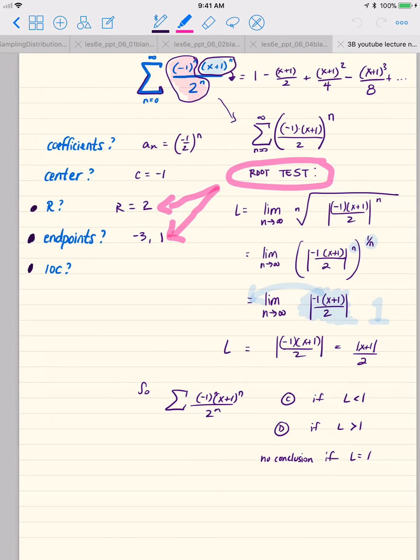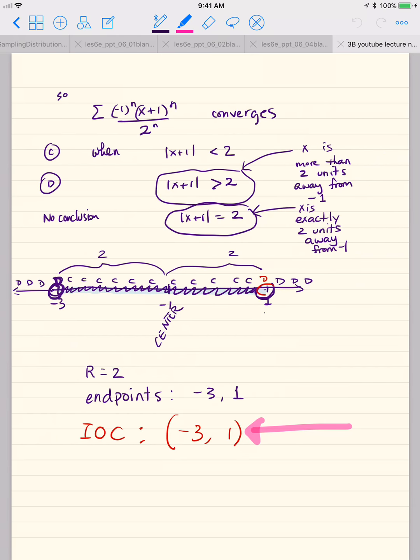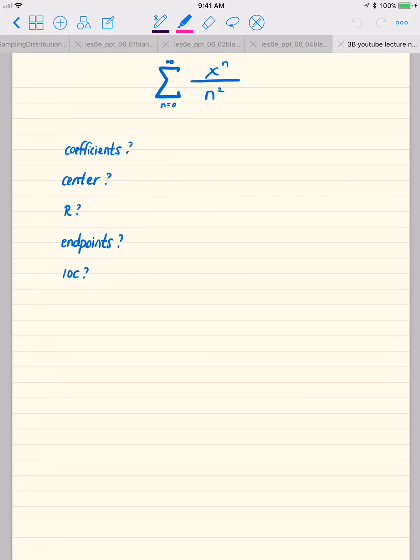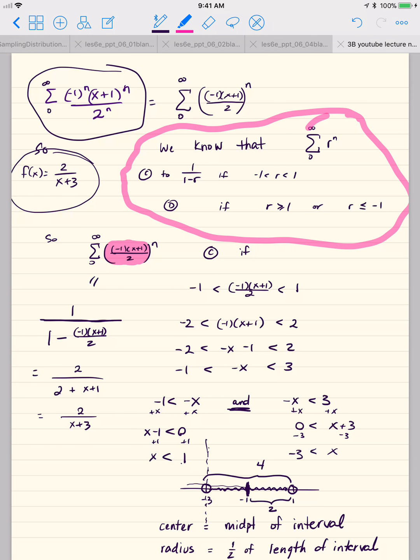And then the fourth piece of information to remember is that if we can recognize that a series looks like something that we know how to work with, like for instance a geometric series, then it's a real shortcut for us, because we can borrow the information that we know about a geometric series, and then use that to give us information about this power series, right?